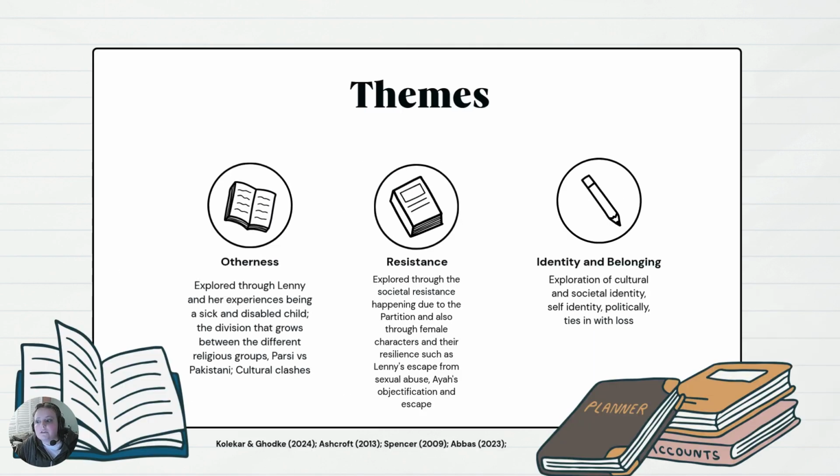So now we are on to the themes. When reading the novel, there were three post-colonial themes that stuck out to me, which, as you see on the slide, are otherness, resistance, and identity and belonging. I'll go into an explanation of all of these.